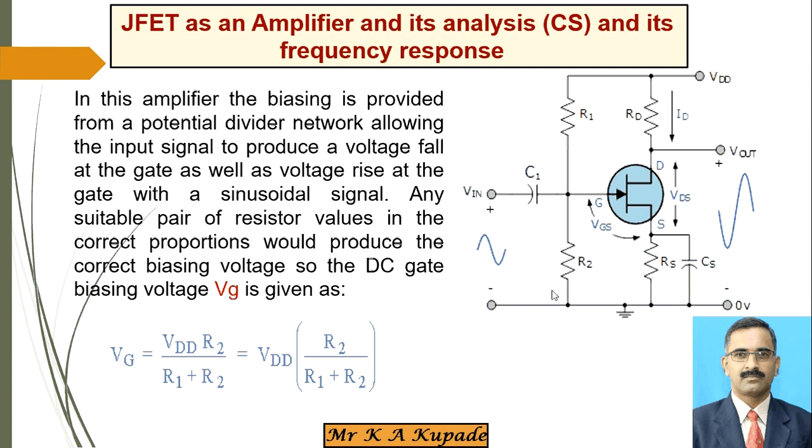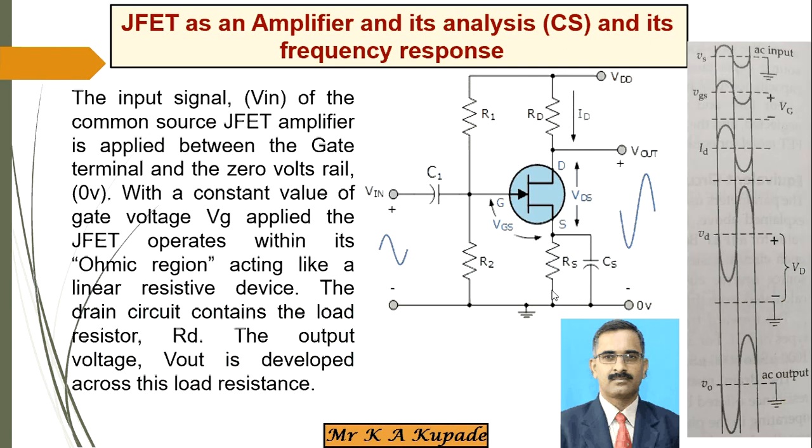So that when you apply V in, the sinusoidal waveform as shown in the figure, for the rise in V in, the gate should develop that voltage, and for the negative cycle as well. For the positive and negative cycles, the rise and fall of the sine waveform, the corresponding voltage should be developed. That is the main concept.